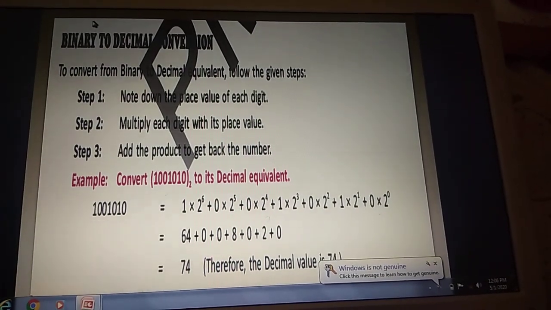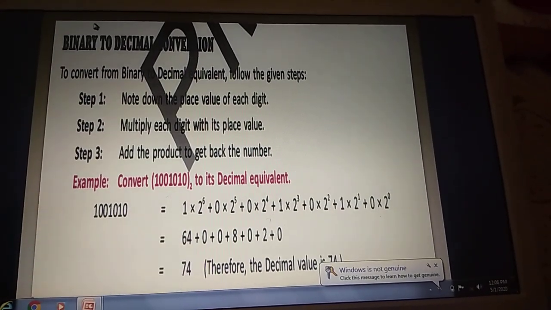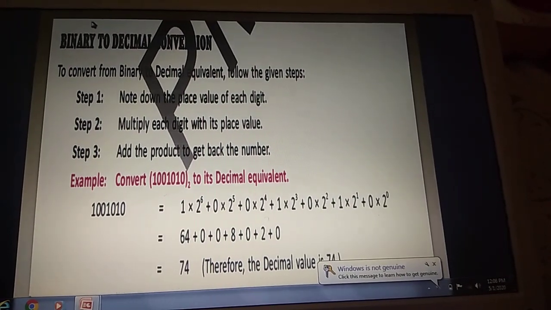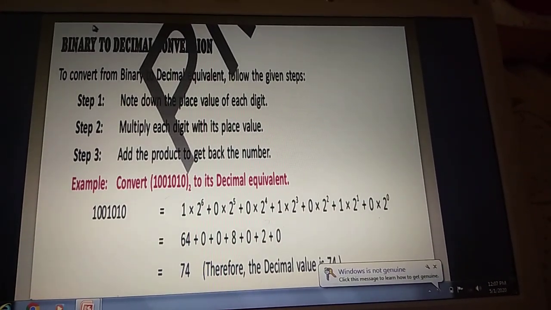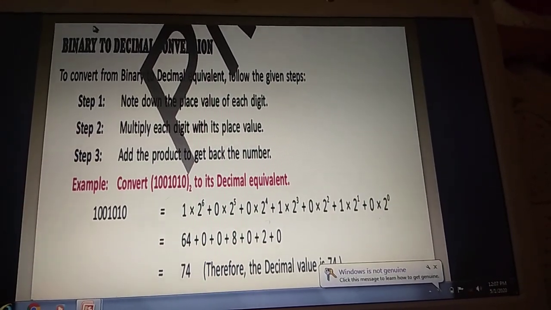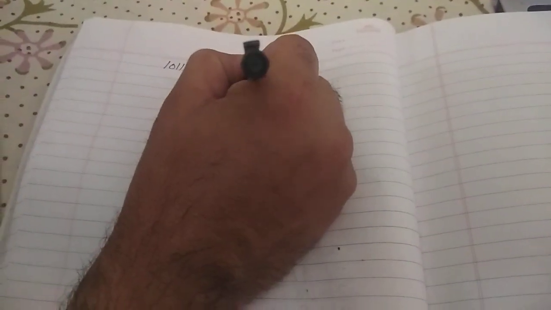So here is an example: we want to convert 1010 into decimal. Now I will tell you how to convert. Suppose we have this binary number and we want to convert it into the decimal number system.